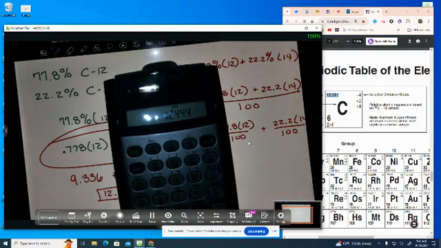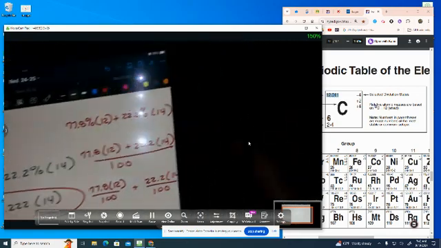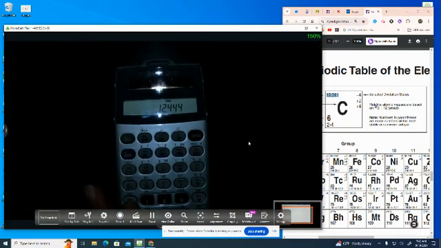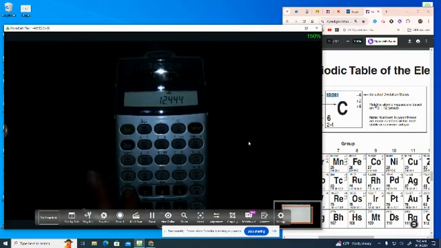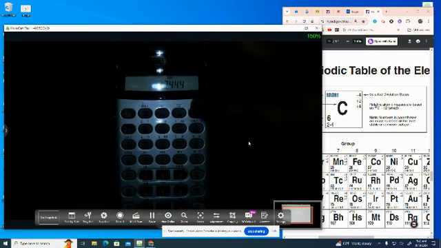I don't know if you can see that. Okay. I'm going to show you something else. Let me just move this out of the way so maybe you can see the calculator a little bit better. If you want to do it all on your calculator without doing it in separate steps, this is what you're going to have to do. You're going to have to do 0.778 times 12. Hit enter.